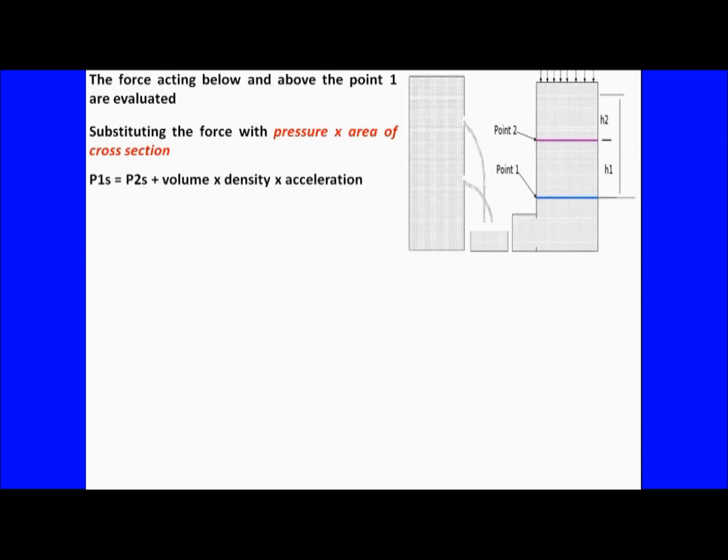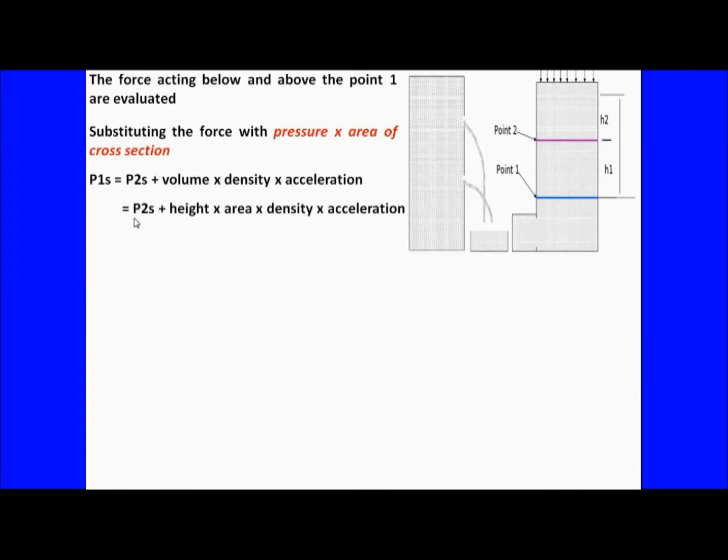Let us consider the pressure at point 1, denoted P1S, the stationary pressure, which is equal to P2S, this pressure, plus volume into density of the water molecule into acceleration due to gravity.